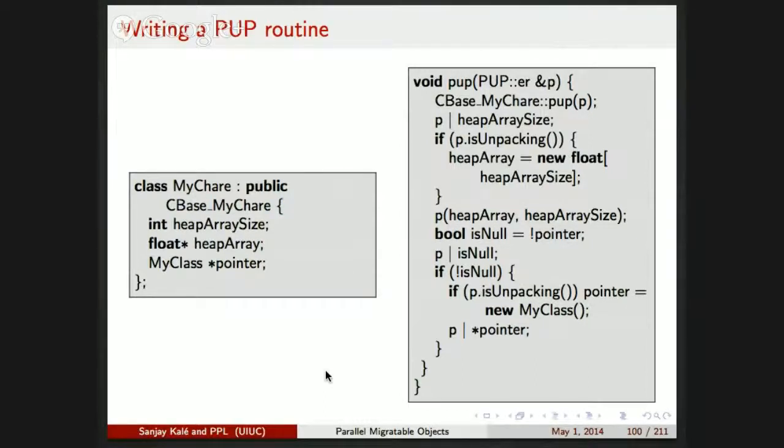What was the total at the end? Allocate that buffer, inside a packing PUPer, or give it to a packing PUPer. Then it will do the same thing, packing into that buffer that was just allocated. So that's one of the niceties of this framework: you write one piece of code for every step of the serialization and deserialization process. Does that make sense? Yep. Okay.